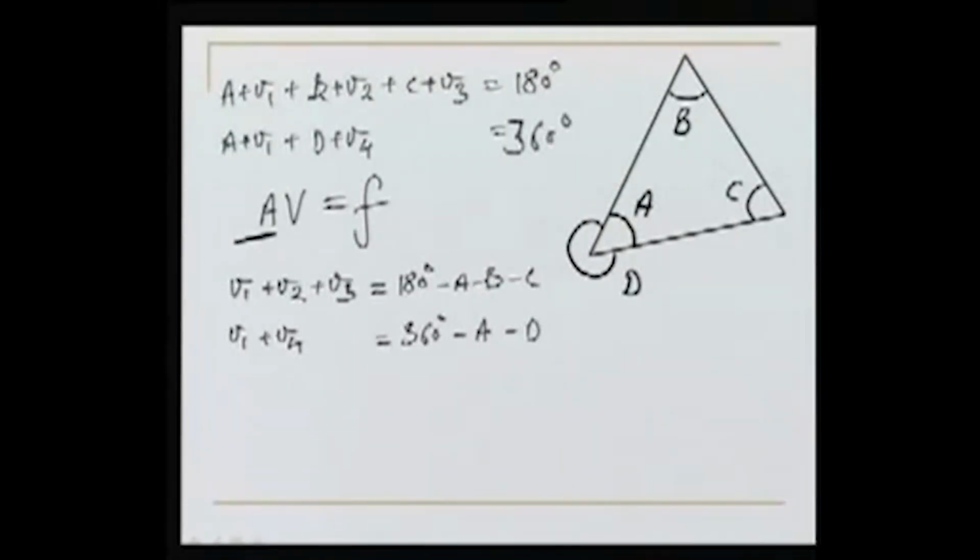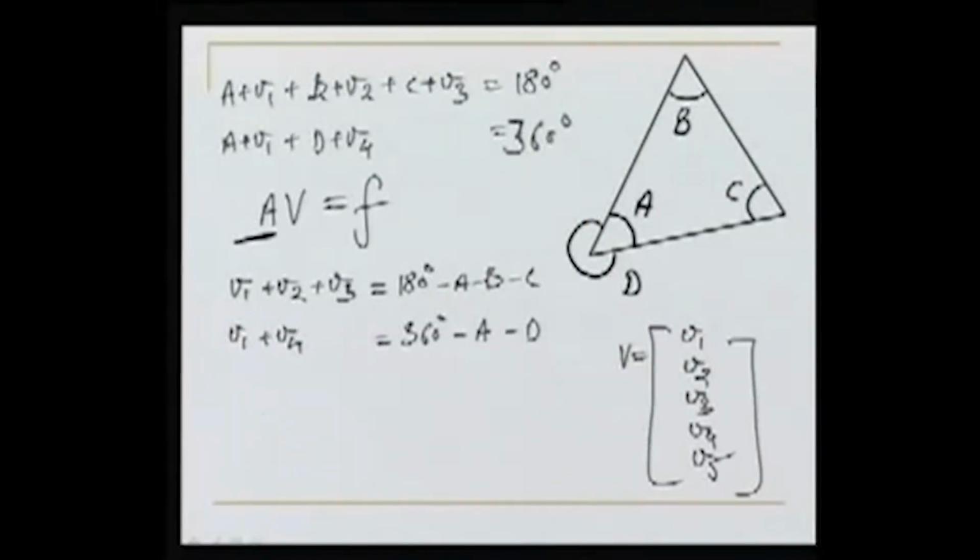Next, what is A? We know now, we know V here is V1, V2, V3, V4, V5. This is V, the matrix of residuals. But what is A? A is the matrix of coefficients of residuals. So what will A be?